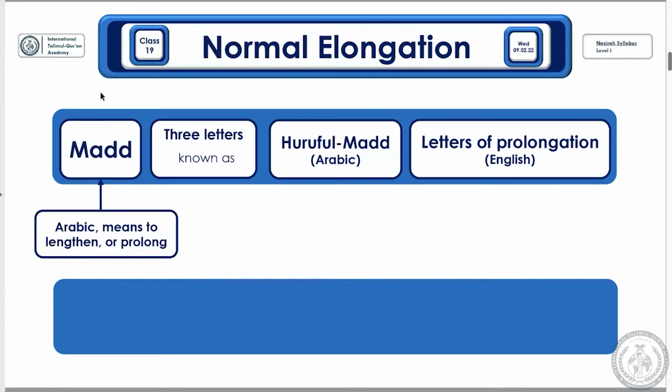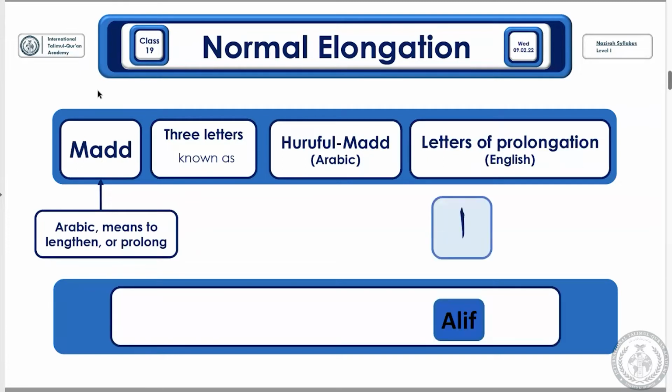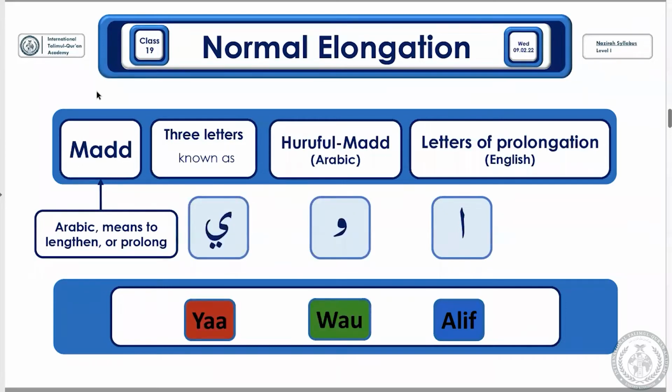Either of those two words you should remember. Those three letters are alif, waw, and ya. Those are the three letters that are known as huruful mad or letters of prolongation.